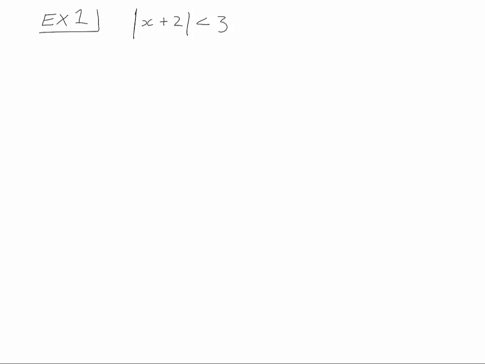Now let's do an example. Here we have |x + 2| < 3. So we're going to set up our little tree here. On the left-hand side, we have x plus 2 must be greater than negative 3. And then on the right-hand side, we have x plus 2 must be less than 3.